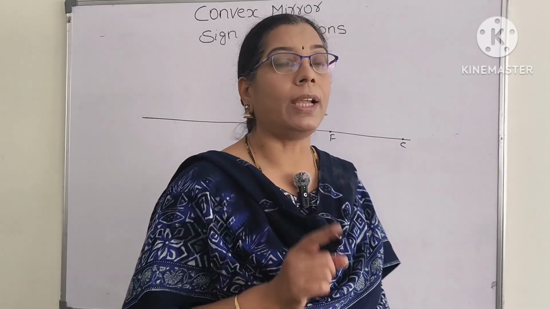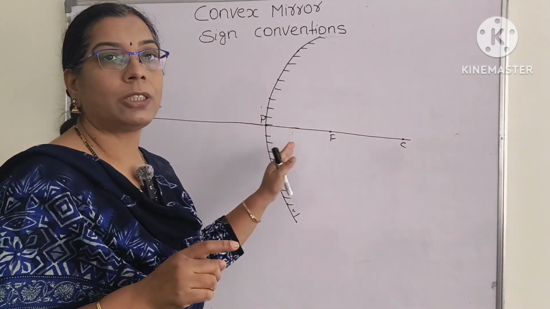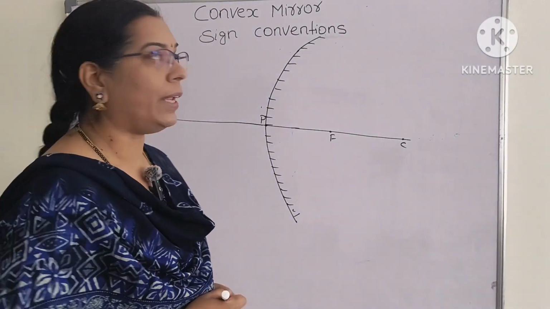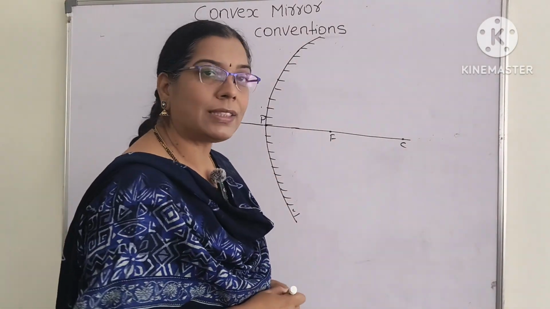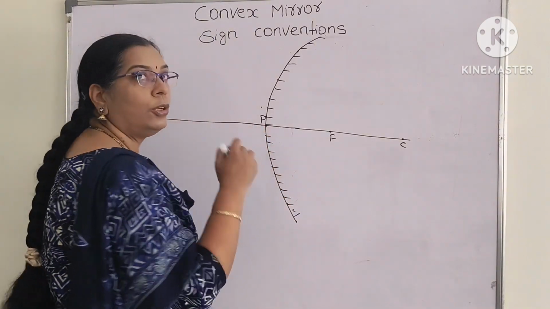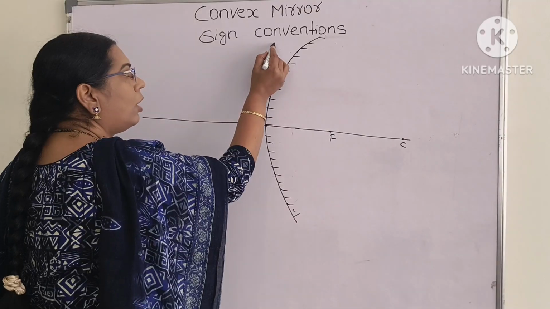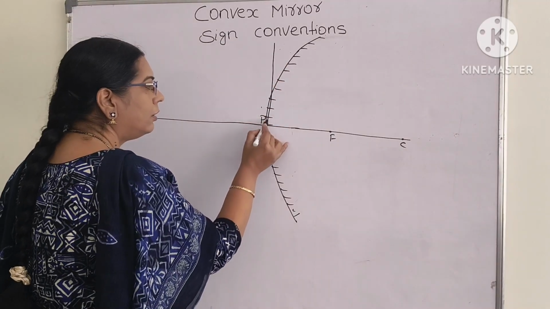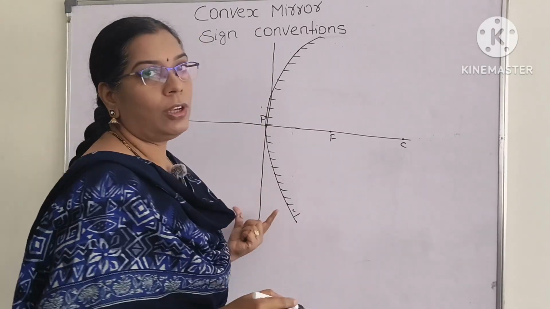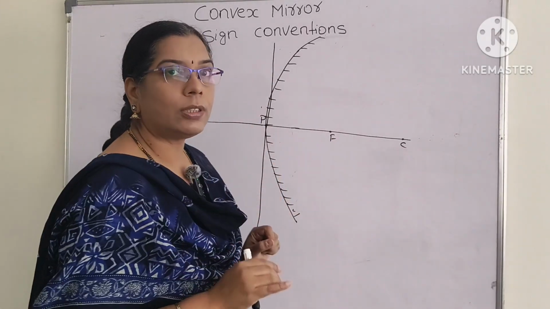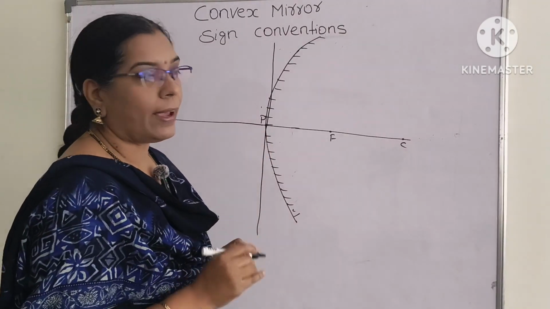Now, in order to know that, we have to consider the whole setup of the convex mirror in a Cartesian plane. The principal axis will be considered as the x-axis and the pole you have to imagine as the origin. Then you draw a line passing through the pole and perpendicular to the principal axis, and this line will be considered as the y-axis.